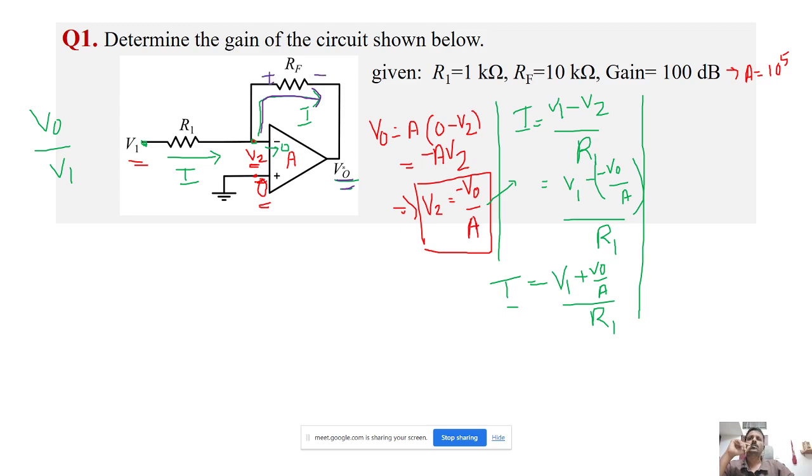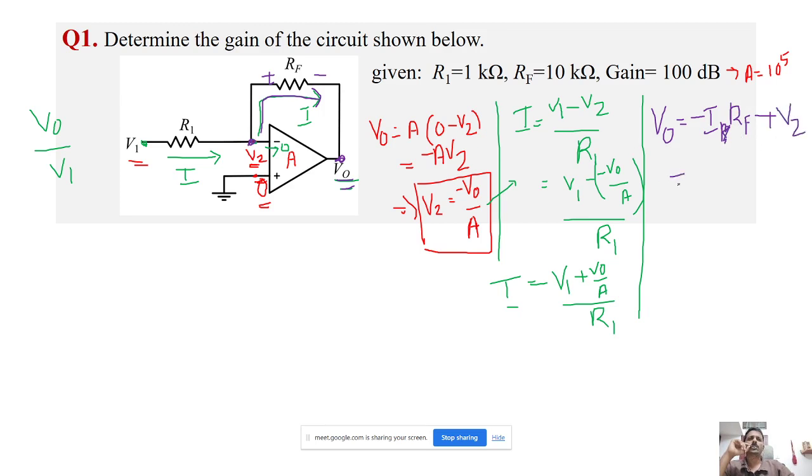So what is the voltage V0? V0 is the voltage across this RF. So the voltage across RF with respect to this point is minus I into RF, and also at this point the voltage is V2, right? So plus V2, that is the voltage V0. So I into RF plus V2.